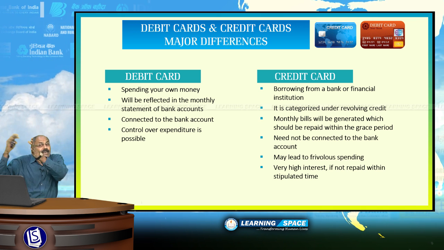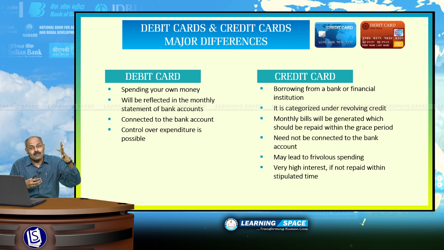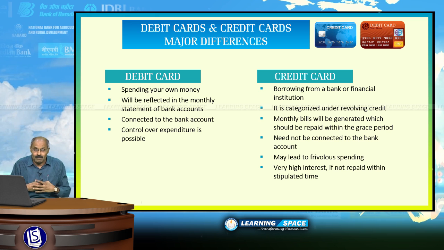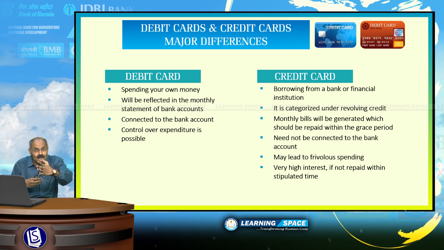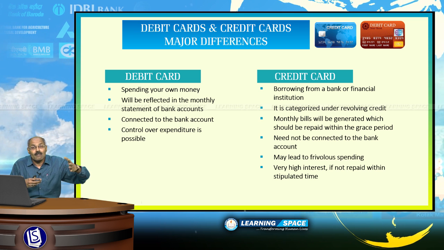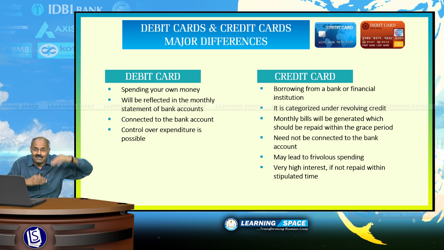But look at credit cards. Credit card is nothing but it is spending the bank's money. When ICICI Bank gives you a credit card, ICICI Bank will give access to their money up to some extent.